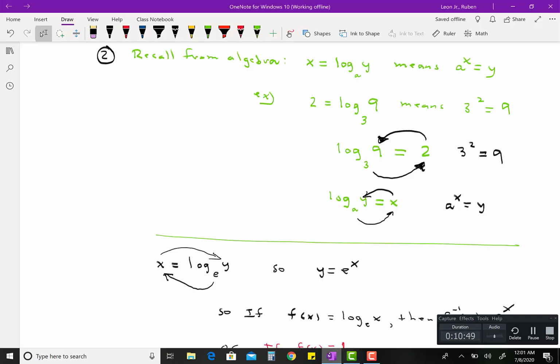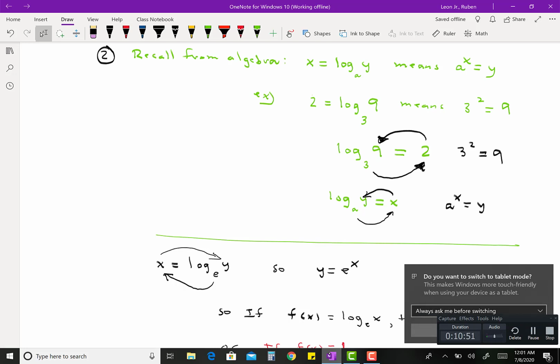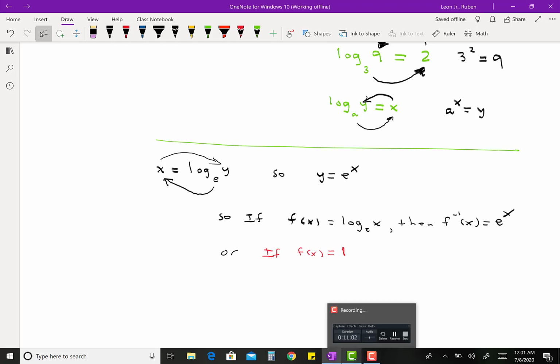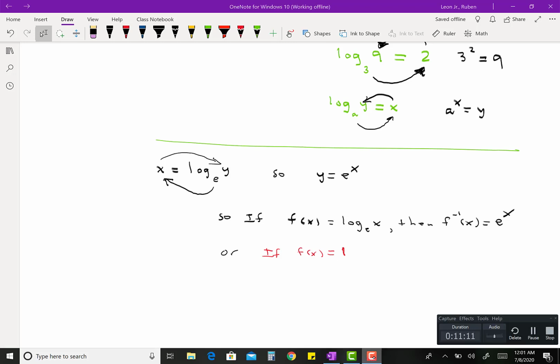Folks, I have a technical problem with my Surface. My computer froze for a bit. I may edit out that long pause, or maybe I'll just resume recording.